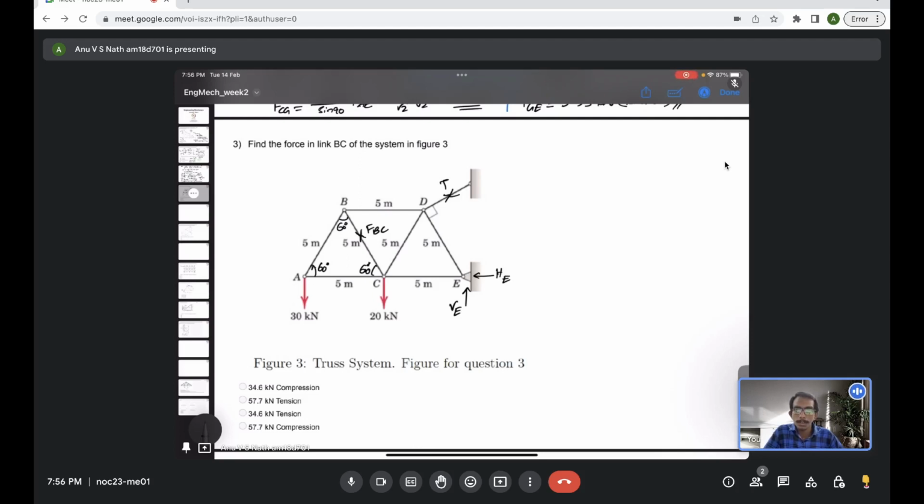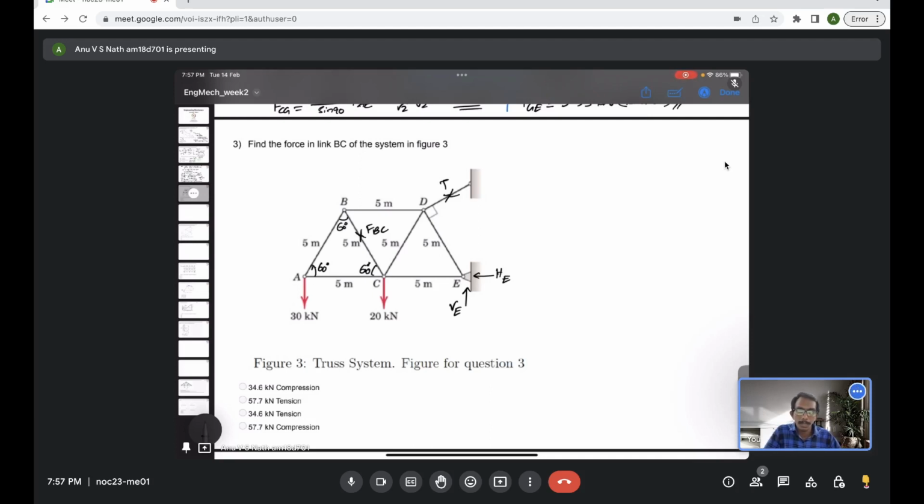So here we only need to evaluate the force in the member BC. So you could consider joint A first, then B. That itself is enough, I think. Or you can go A, C. No, C is not possible because C has extra links, so that will be difficult.